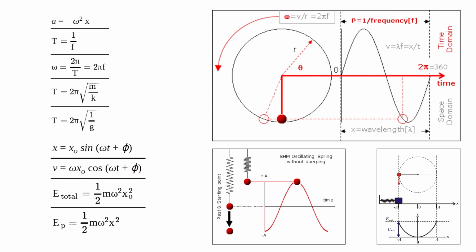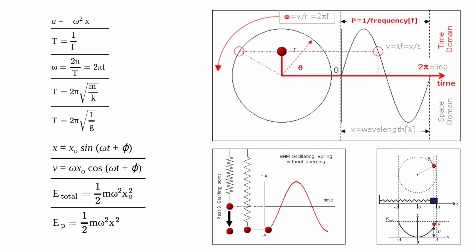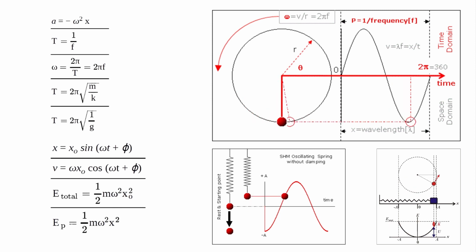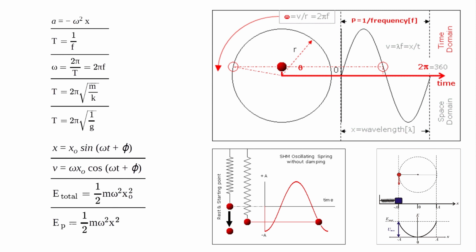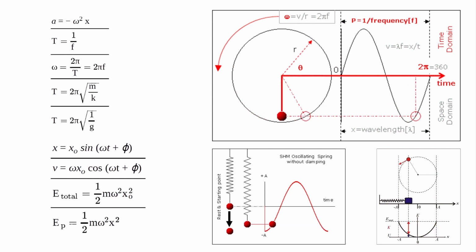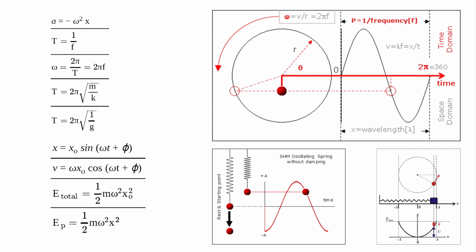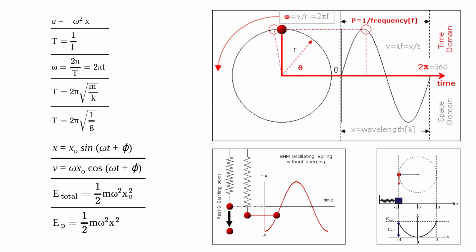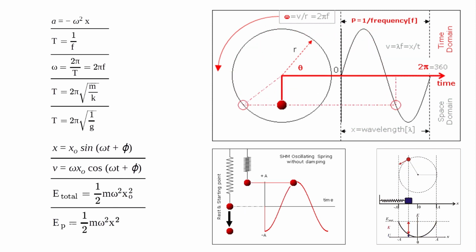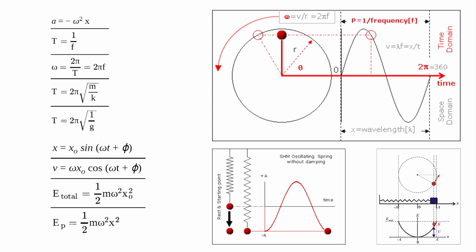If we look at the images, let's look at the bottom one first. It's a spring, and the graph right now is the amplitude-time graph. As time continues, the amplitude goes from zero to minus amplitude to plus amplitude, and then it reaches zero at a certain point.